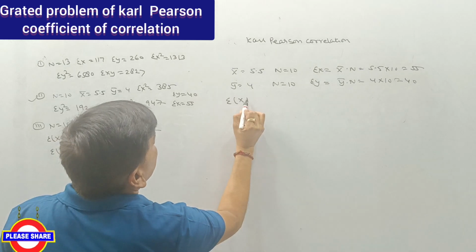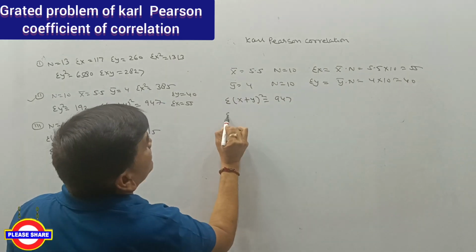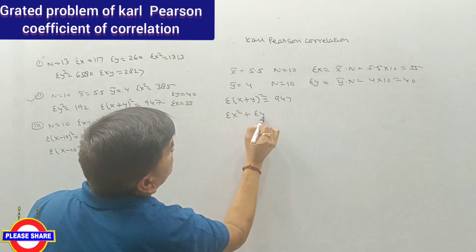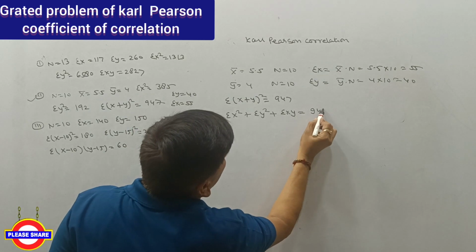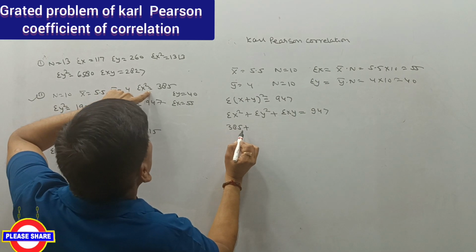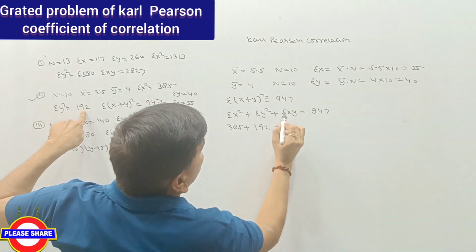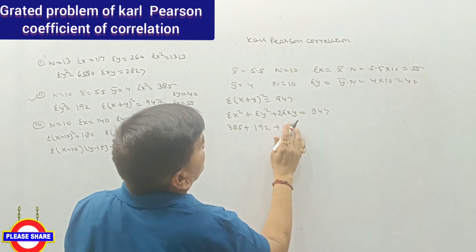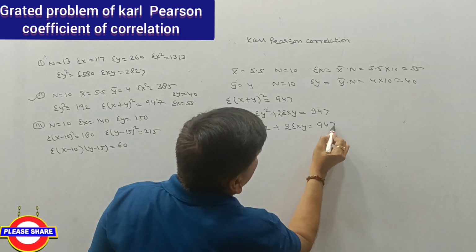Sigma x plus y square is 947, which means sigma x square plus sigma y square plus 2 sigma xy is equal to 947. Sigma x square is 385, sigma y square is 192, plus 2 sigma xy.